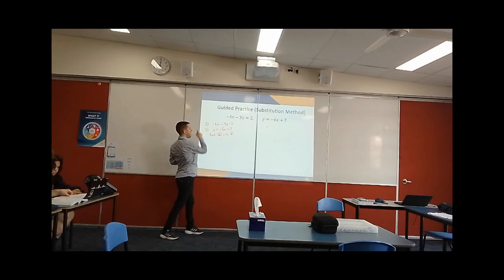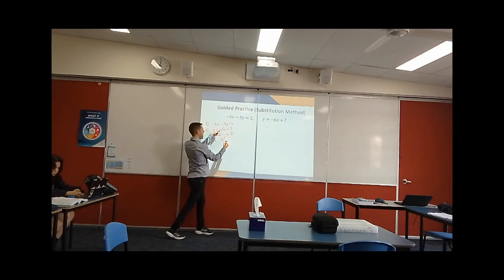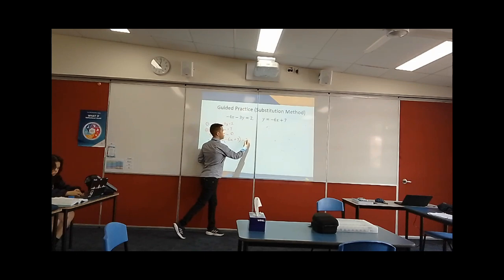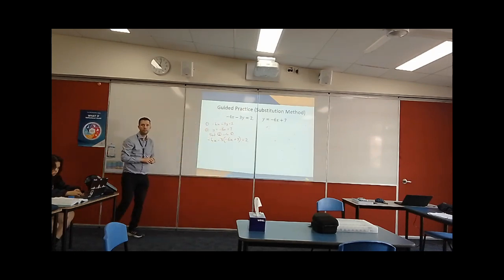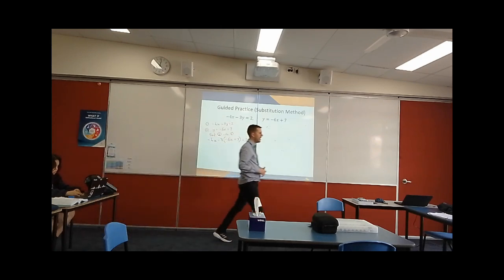So I rewrite my equation 1, negative 4x, take away 3, and I stop. I've got my y value. My y value is negative 6x plus 7, is equal to 2. I'll stop there. So that's all we need to have done.